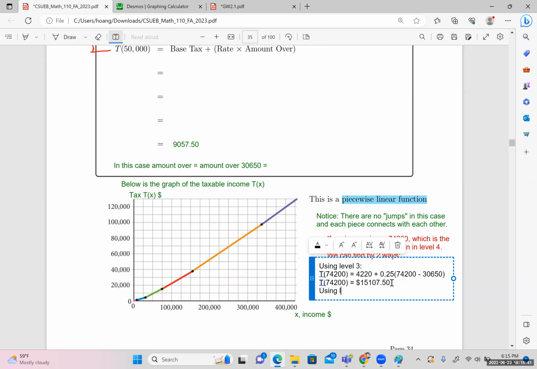What if I'm using level 4? Because my income is in between level 3 and level 4. So I'm going to use T of 74,200 equal to the base tax. So check the base tax. Base tax right now in level 4 is going to be 15,107.50.